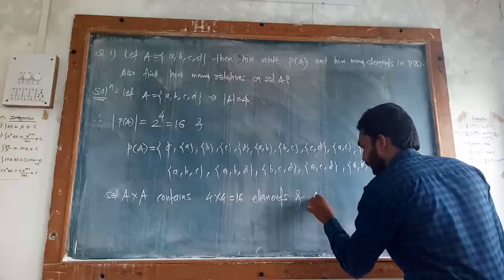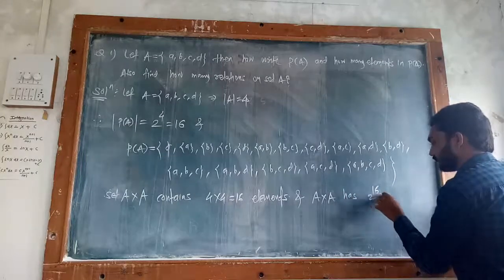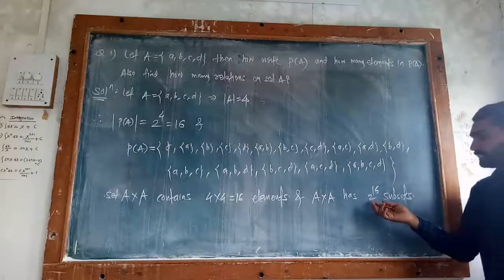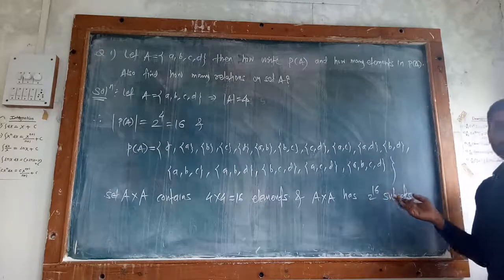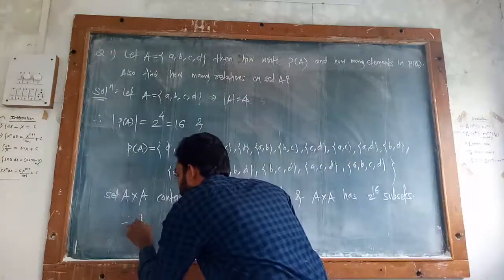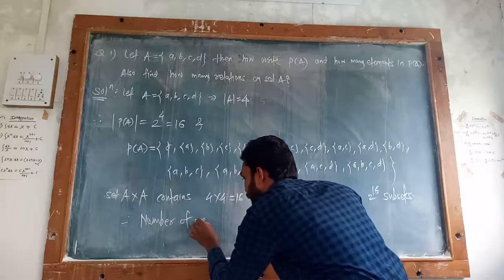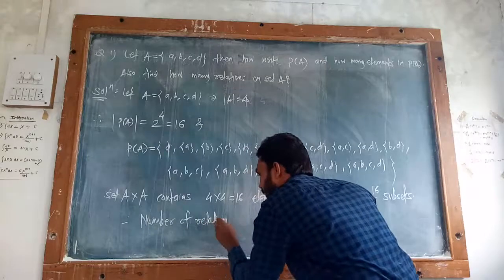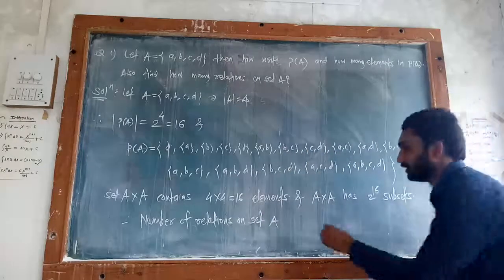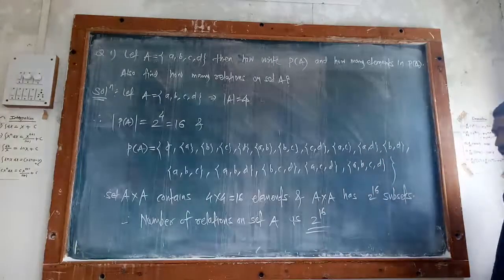A cross A has 2 raised to 16 subsets, right? Therefore, the number of relations on set capital A is the number of subsets of A cross A. So how many subsets?